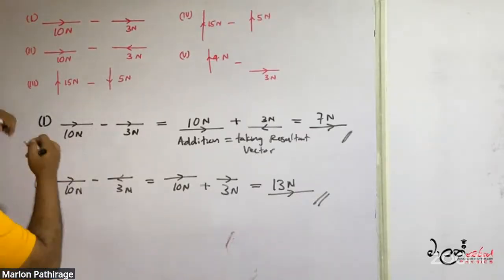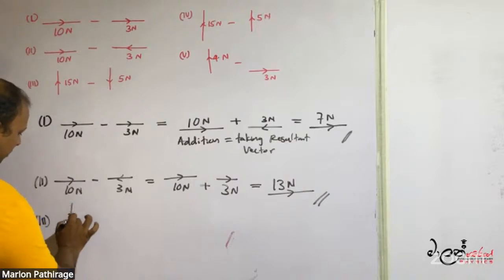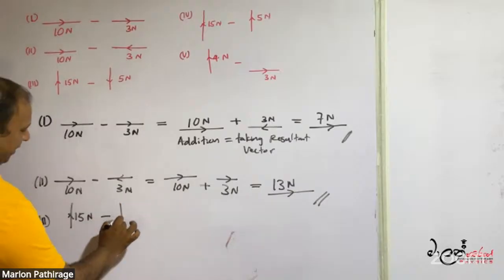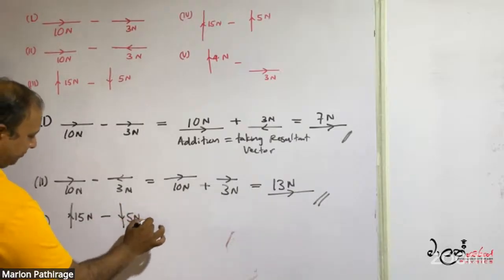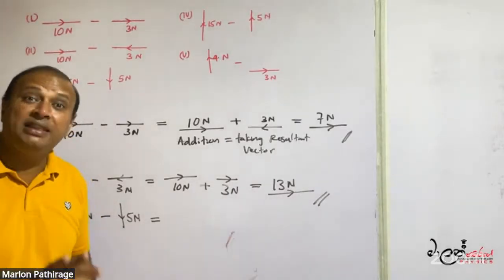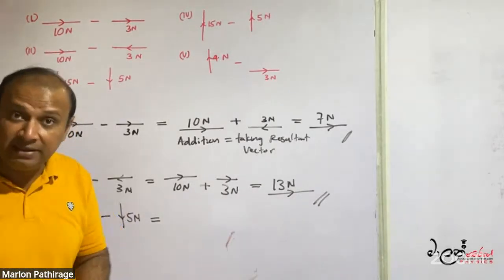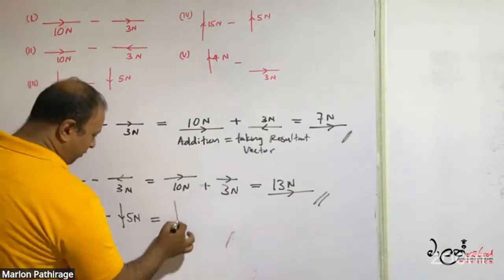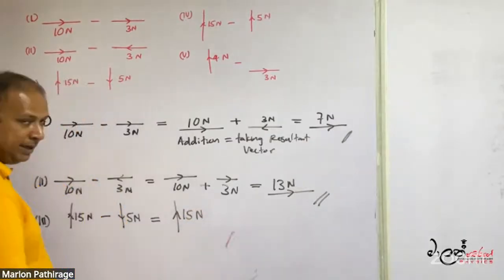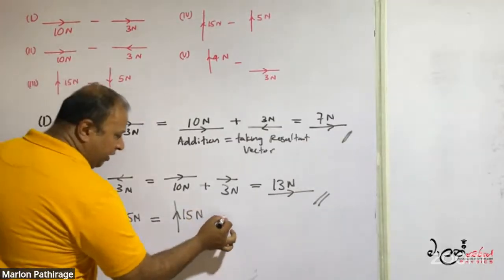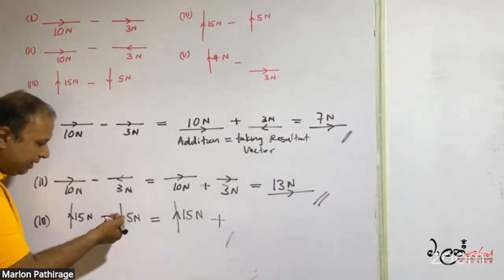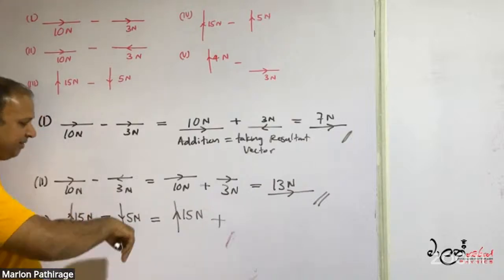Then third one, 15 Newton force into upper direction minus 5 Newton force into downward direction. Subtraction means addition with negative vector. Therefore, the first vector you can write as the same. Then addition with negative vector of the second vector. For the negative vector, you have to reverse the direction.